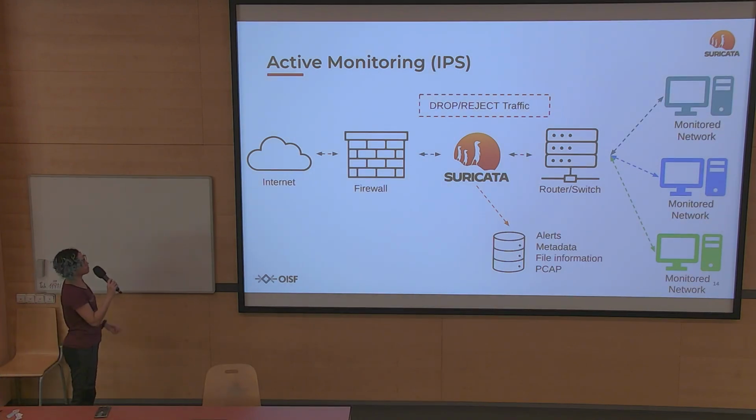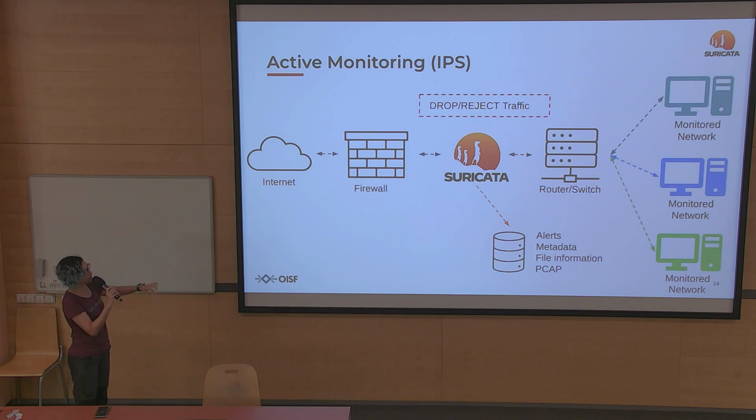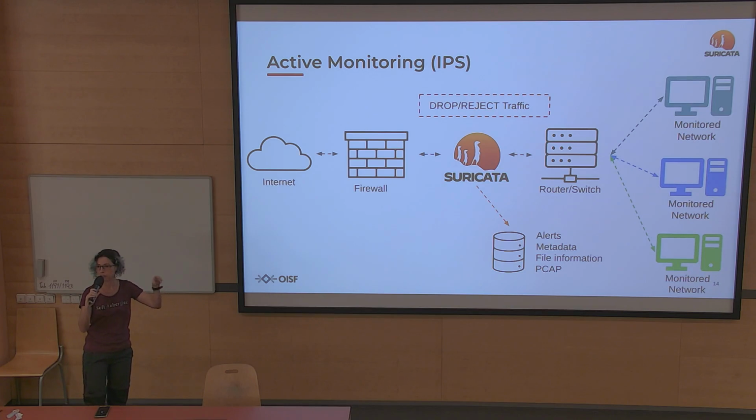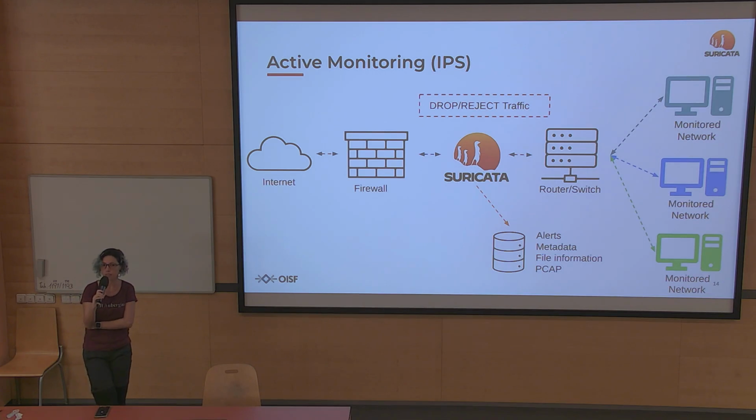We call this active monitoring or IPS, intrusion prevention system, because as Suricata is connected directly to the traffic, also known as inline mode, it can actually drop or reject traffic when it sees something suspicious. So Lukáš mentioned Postgre, right?